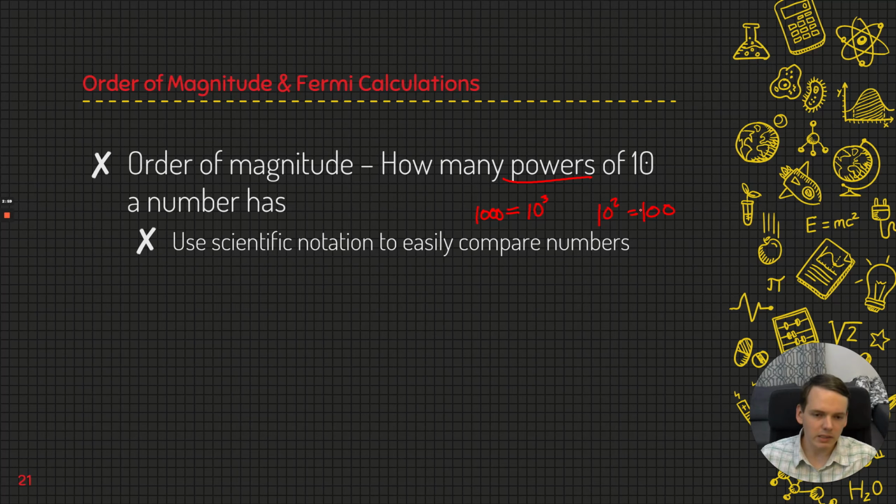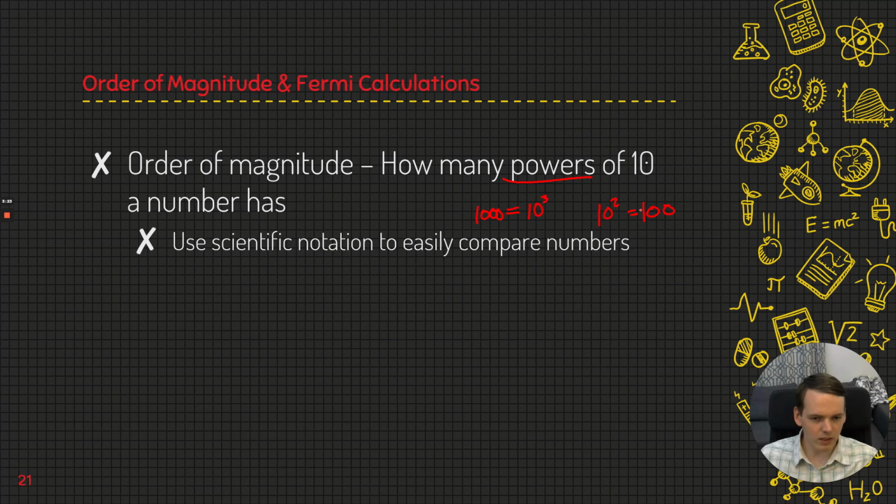If we want to think about distances, 1 meter, that's roughly the size of a person. 10 meters, that's roughly the size of a room, 10 times bigger. 100 meters, that's roughly the size of a building. 10 times bigger than that, 1,000 meters, that's roughly the size of a couple city blocks.